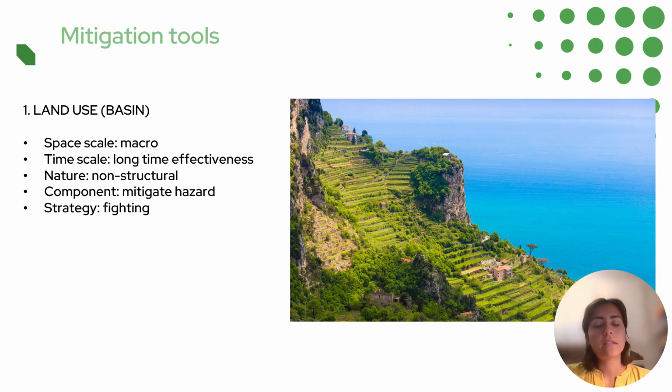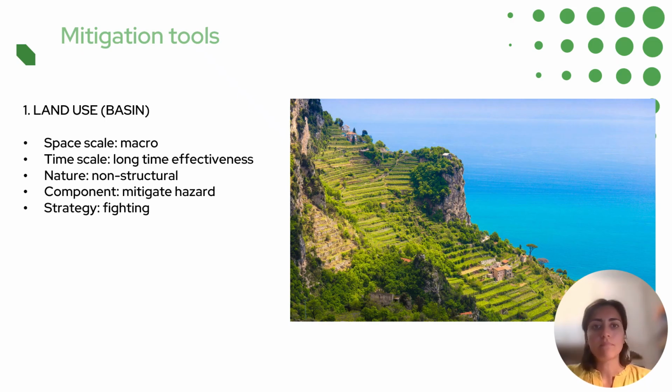One of the most effective long-term mitigation tools is land use planning at the basin scale. This is a non-structural measure that works on a macro scale and remains effective over long periods of time. The goal is to mitigate hazards by controlling how land is used.